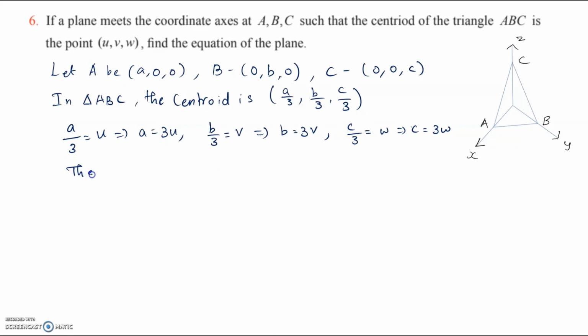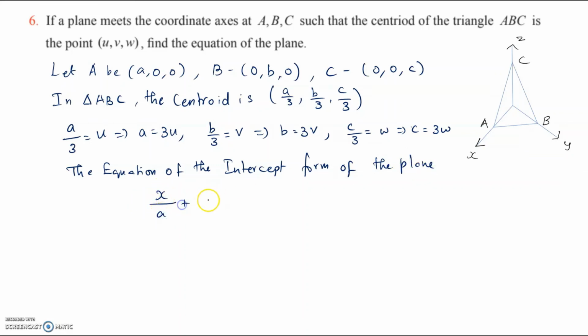The equation of the intercept form of the plane is x by a + y by b + z by c = 1.